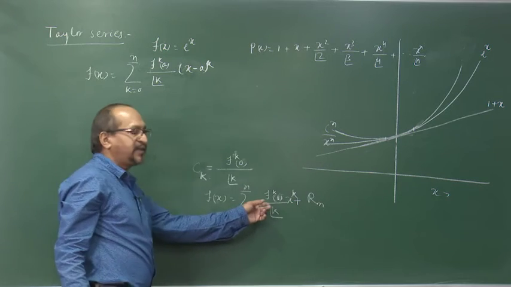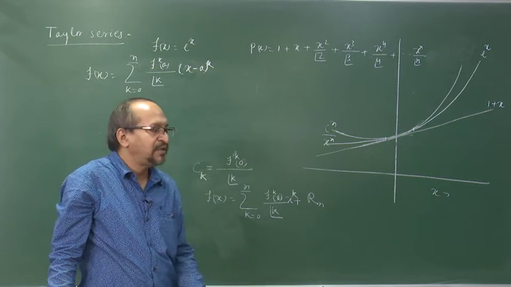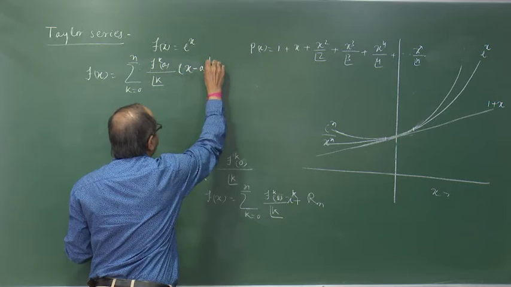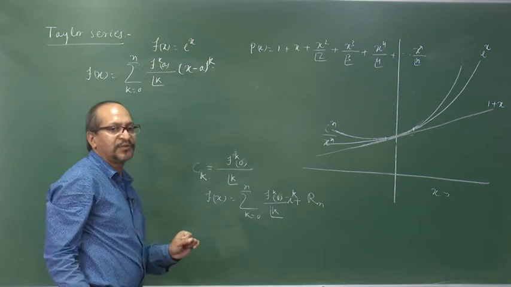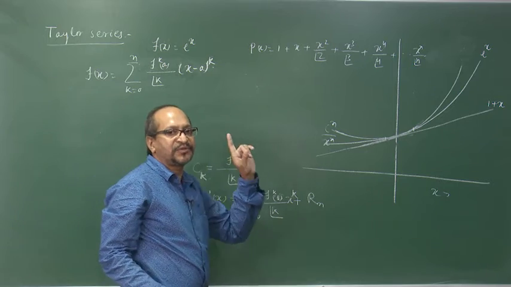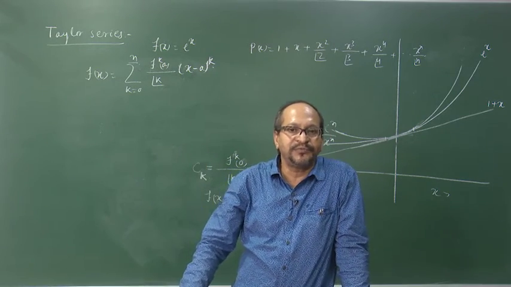Here we have expanded the function as an infinite series about x is equal to 0. Now, about x is equal to a, the infinite series summation will be this much. And of course, with this approximation there is always an error, because we have terminated it into finite terms.